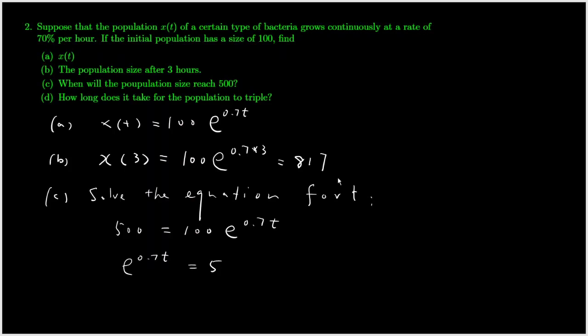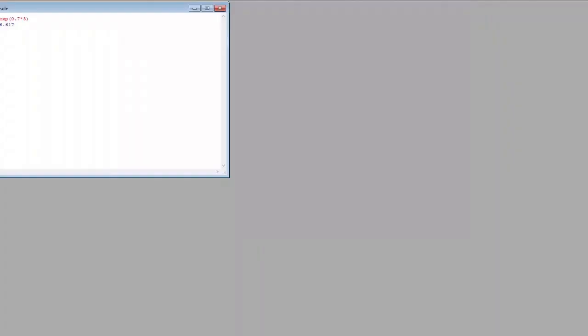And this equation is equivalent to 0.7t equals the natural log of 5. Review logs you learned from high school if you do not remember. So the time needed is equal to the natural log of 5 over 0.7. Using a calculator, the natural log of 5 over 0.7 is 2.29.